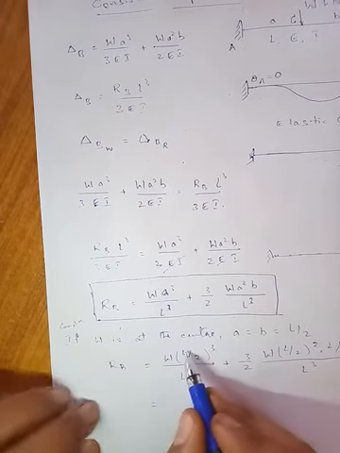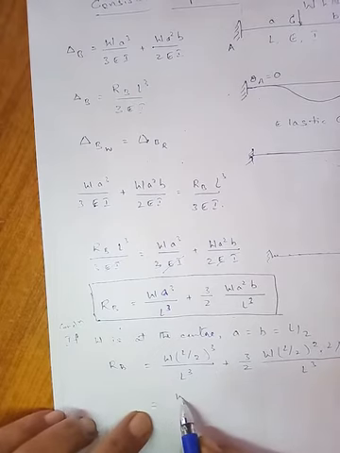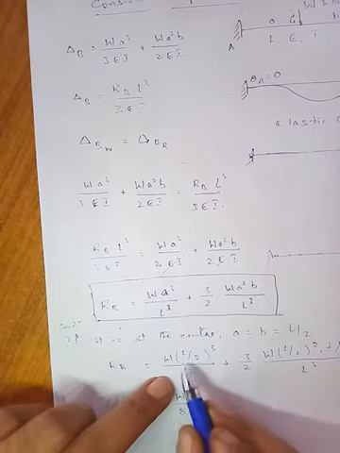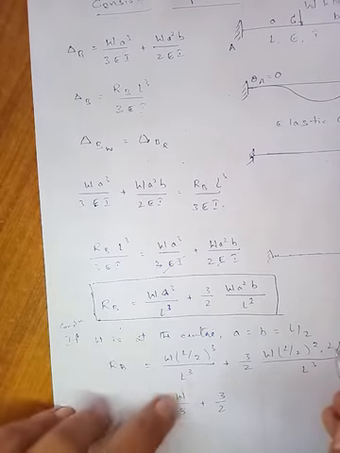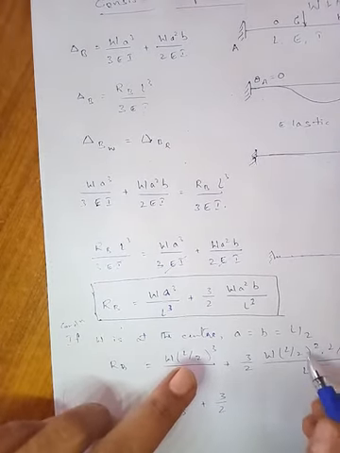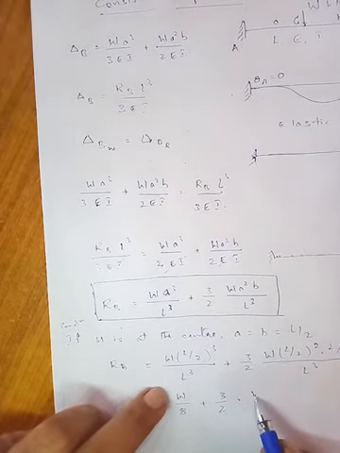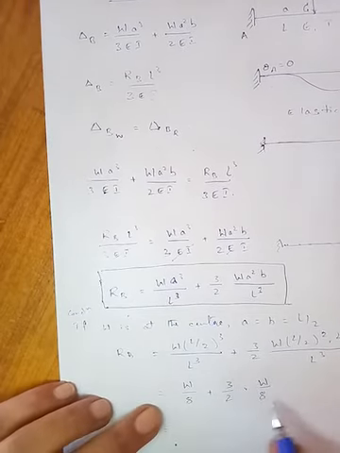Simplify this one. L by 2 whole cube will give L cube by 8. The L cube in the numerator and the L cube in the denominator cancel each other, plus 3 by 2 of L by 2 whole square into L by 2, which is nothing but L by 2 whole cube. Here also we are going to get the same thing, W upon 8. If we simplify this one, the denominator we can take as 16.